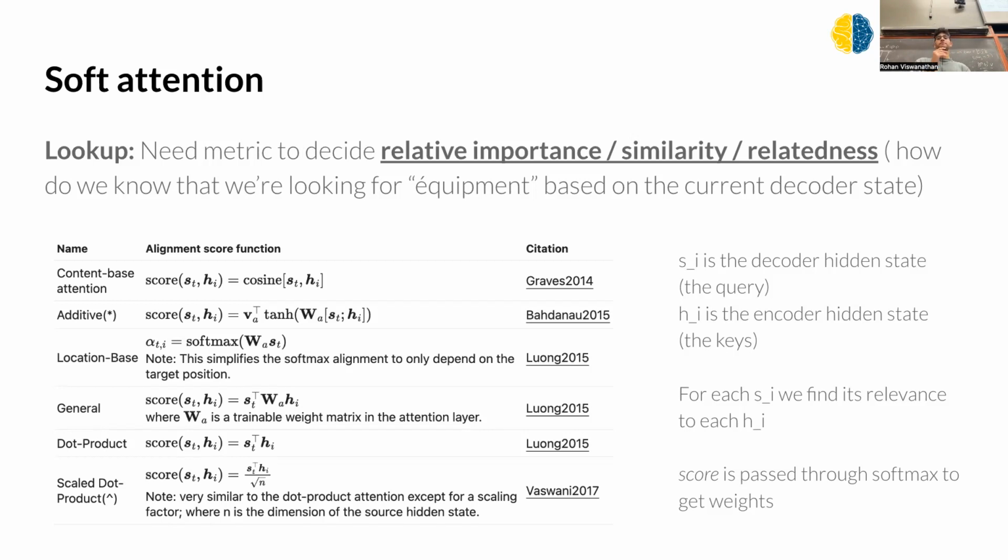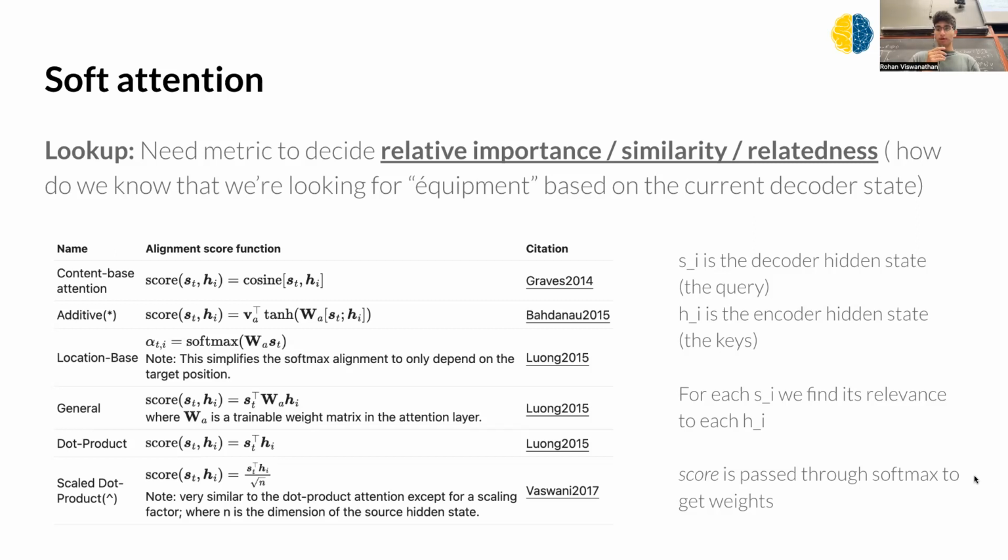So you can think of this as what we currently have. And h_i is the encoder hidden state, or the keys. For each s_i, we want to find its relevance to each h_i, where in this case the keys are maybe what we're trying to find.